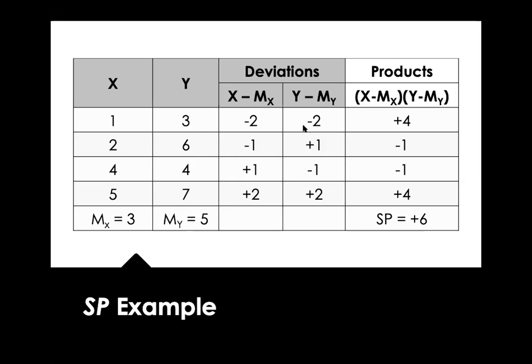Negative 2 times negative 2 is 4, a positive 4. And you would do that for each of the other values or individuals, and you would add up these products. So 4 plus negative 1 plus negative 1 plus 4 equals 6. So in this example, the sum of products of deviations is 6.